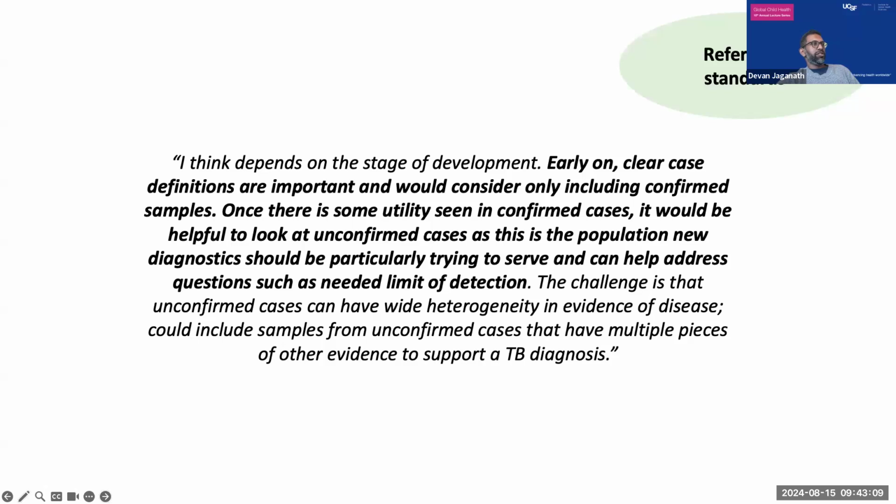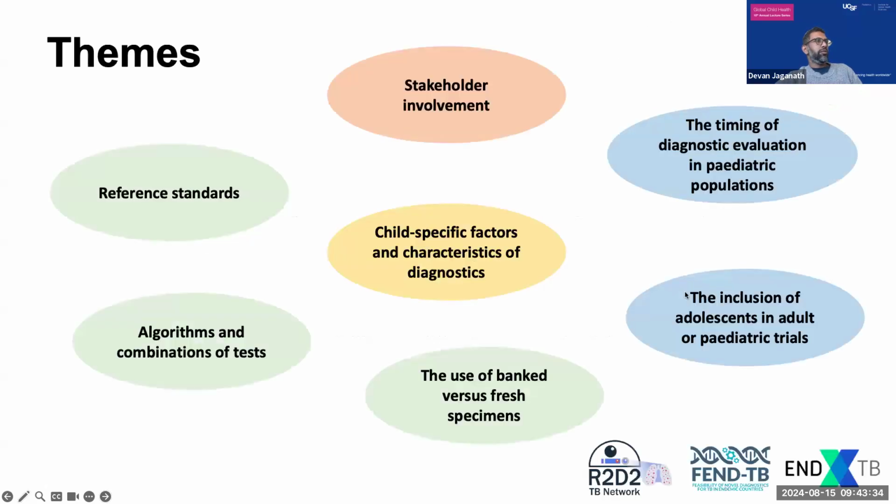Early on, when there are clear case definitions, maybe we should only be including children that have clear microbiological confirmation that they have TB. And then if there is utility, moving to those that are more clinically diagnosed, just recognizing that that population is important, but it also makes interpretation early on challenging. So again, these were the variety of themes.